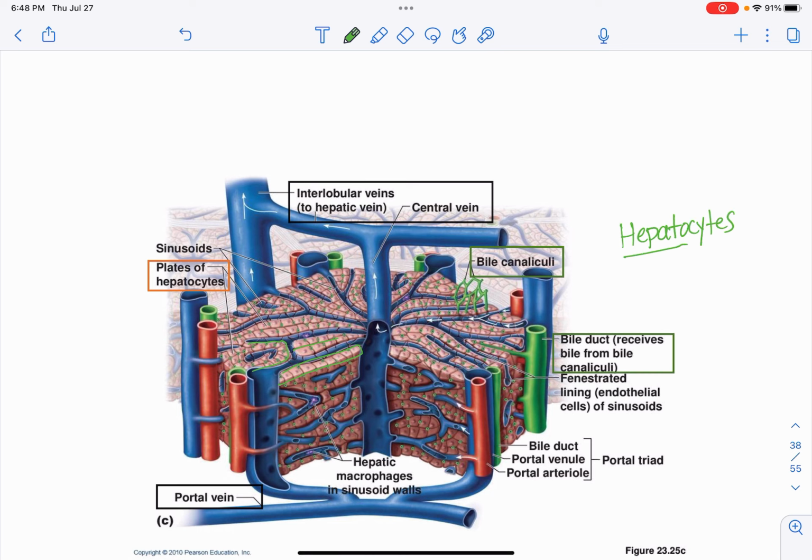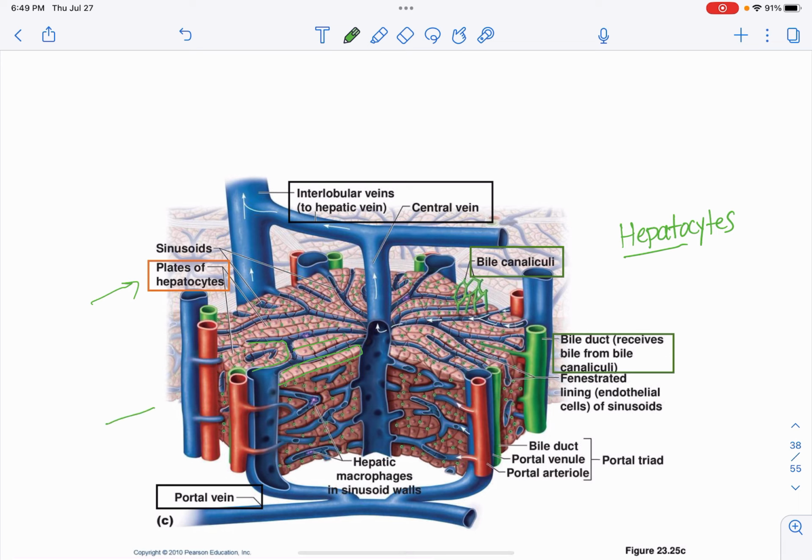Hepato means liver, hence hepatocytes. These hepatocytes are lined up in the liver lobule, and they are going to be producing bile, okay? So you have these plates of hepatocytes that are going to be producing bile.